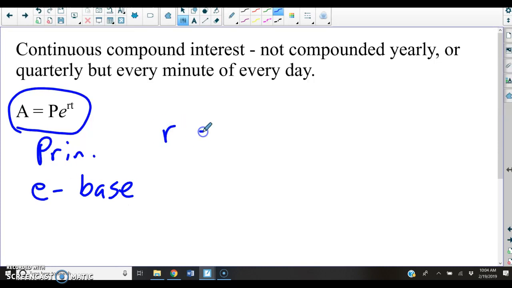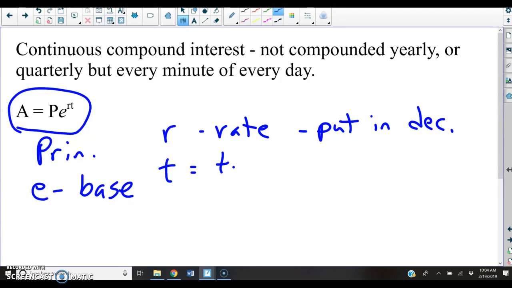R is your rate. Make sure you put it into decimal form correctly. And T, of course, is your time in years. So if it's 6 years, 6 months, you've got to put 6.5. 6 months is half a year.